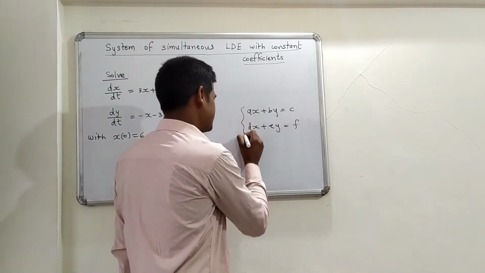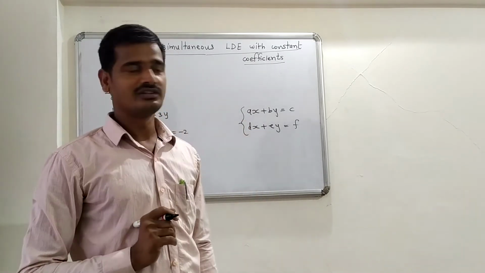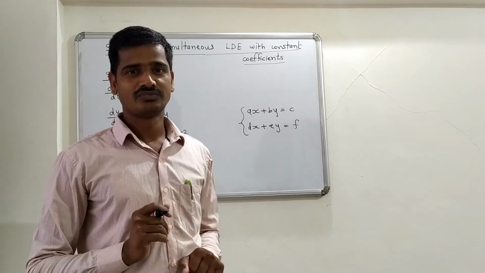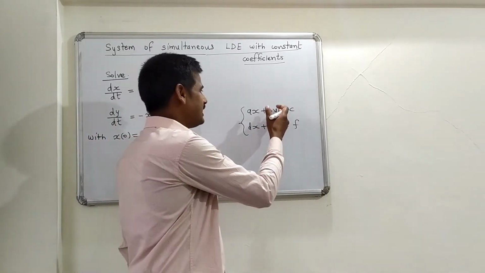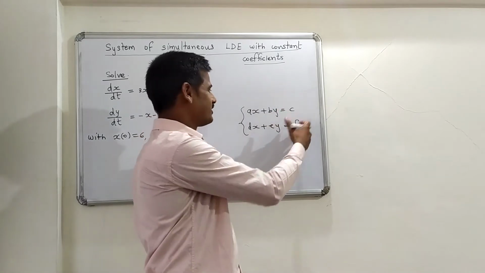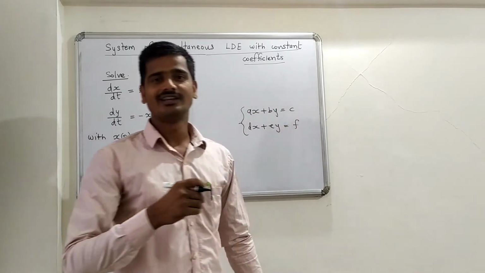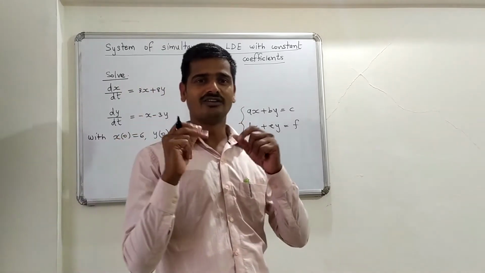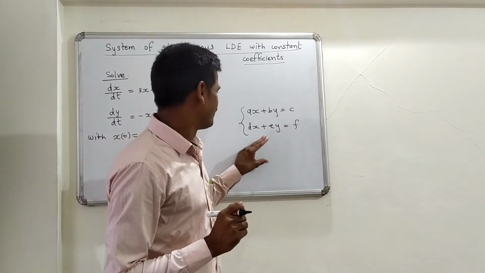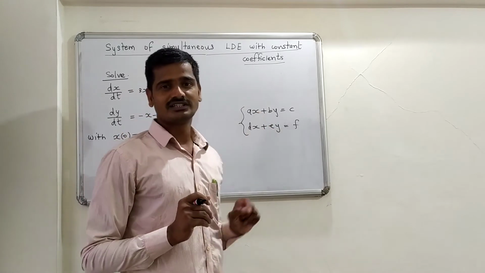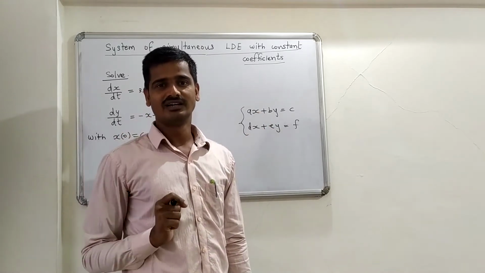Now, how to solve this system? Everybody knows how to solve this system of two linear equations. Either you eliminate x or y from these two equations. If I eliminate x first, you will get the value of y. And once you obtain y, you replace the value of y in one of these two equations to obtain the value of x.